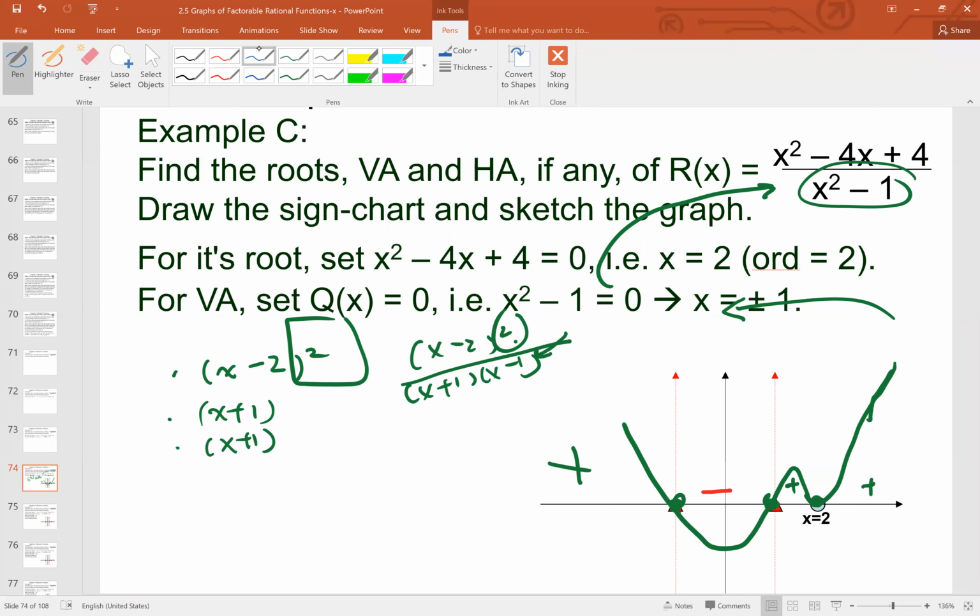But what happened to the curve? Everything over here is in some sense the same. This now becomes an asymptote, and these also become asymptotes because I cannot have x plus 1 and x minus 1 in the denominators.